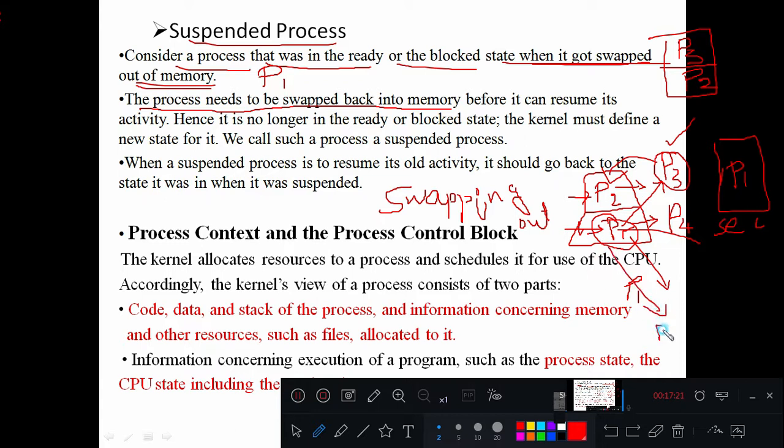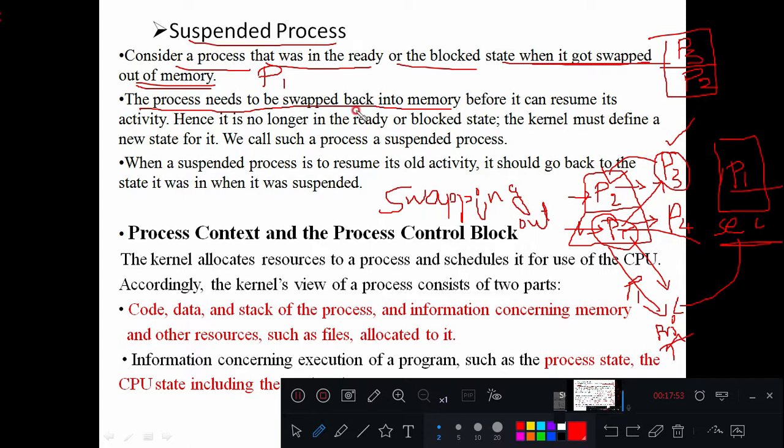The process cannot be scheduled from the secondary memory, so it has to be brought back into the primary memory. From primary memory itself, the process needs to be scheduled. So the operating system has to perform a swap in operation to bring P1 from secondary memory to primary memory. Then only it can be scheduled by the operating system.